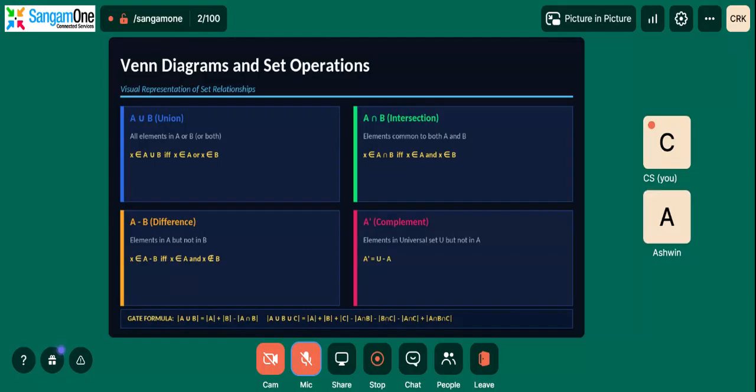In that, you have to write all the letters of the English alphabet excluding vowels in this A minus B set.